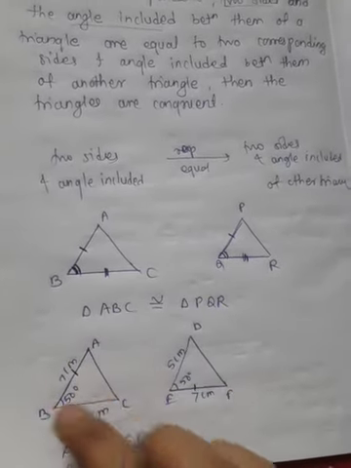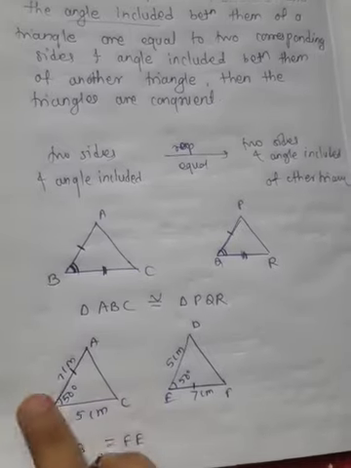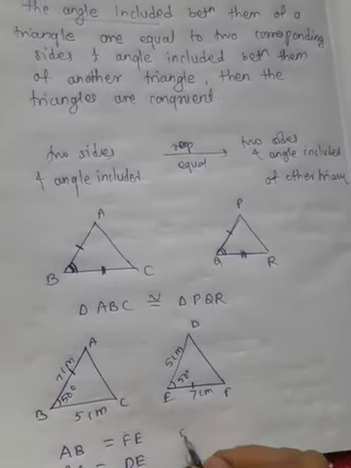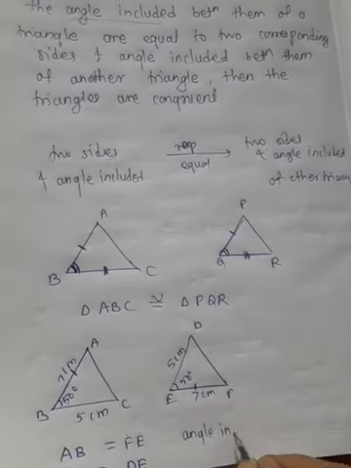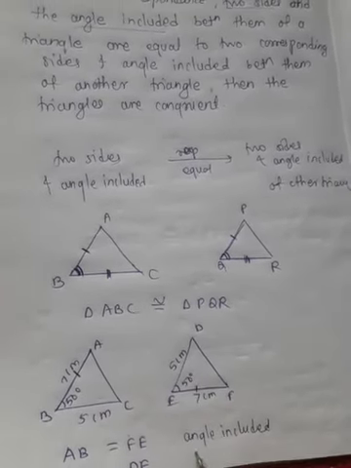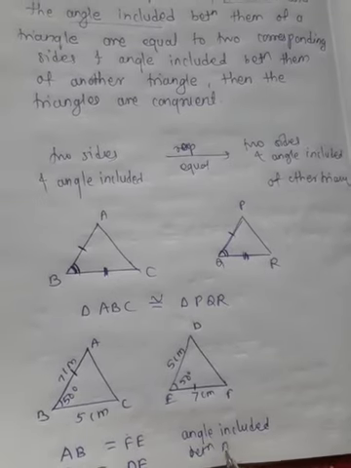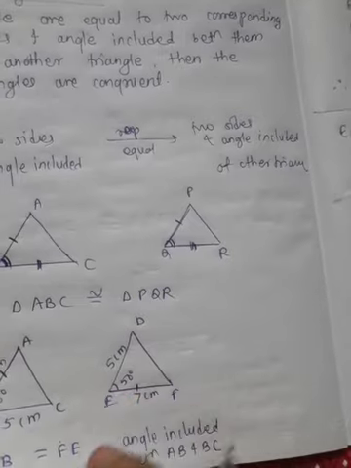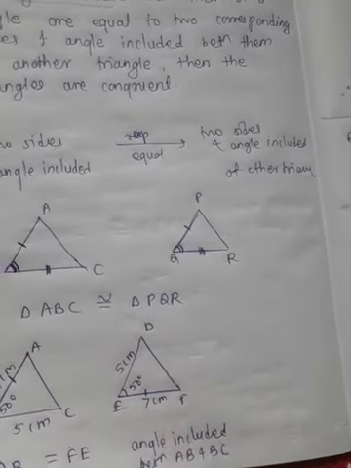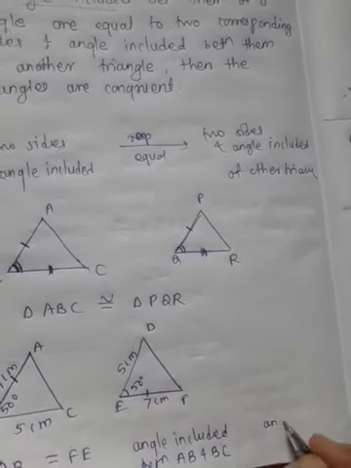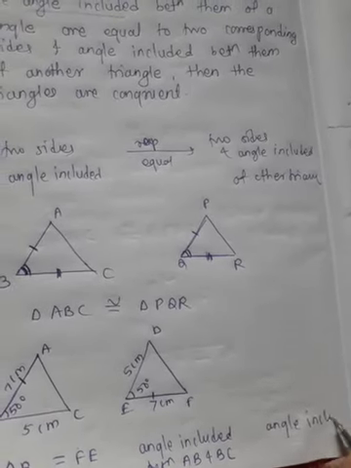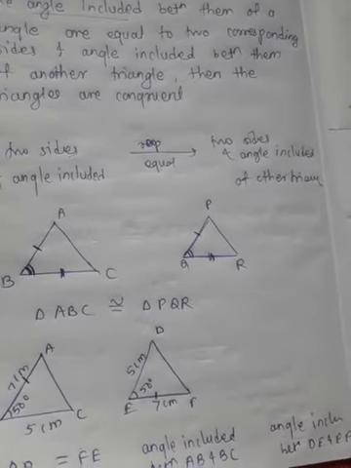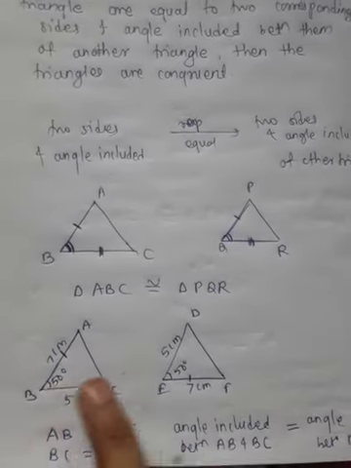Here see, the angle included between AB and BC, and here the angle included between DE and EF. See, they are equal, 50 degree, 50 degree.